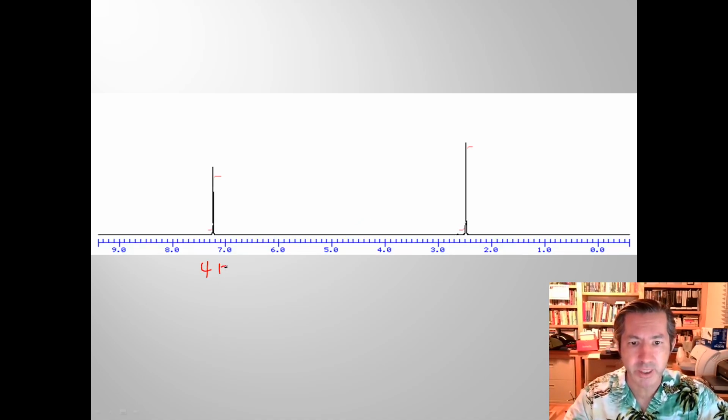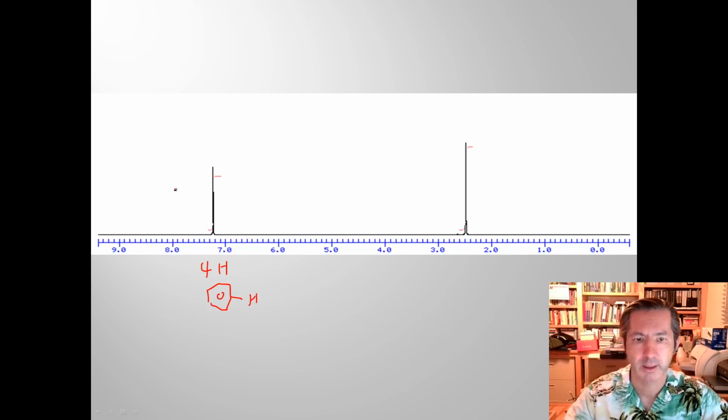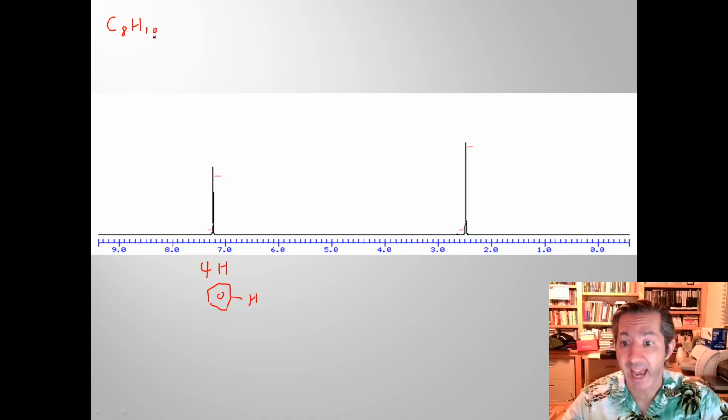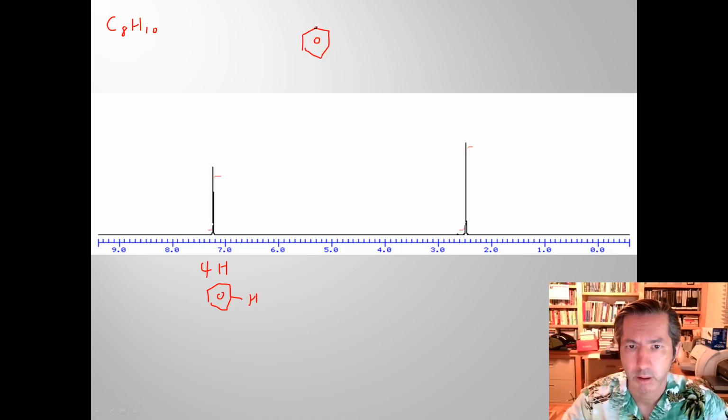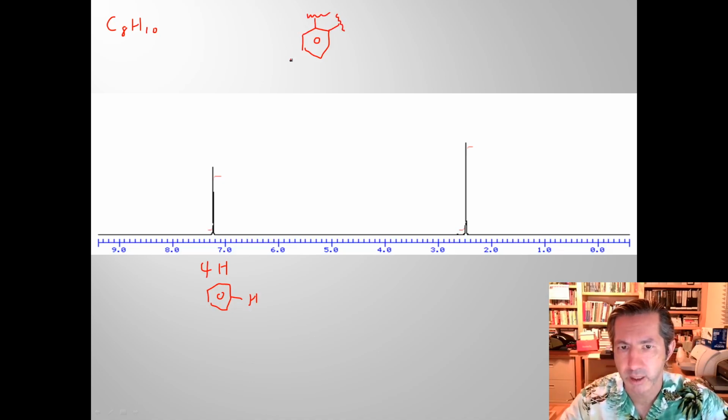So these 4 hydrogens have to be attached to a ring. So we're going to do a little counting here. We have a piece of our puzzle. And so if you have 4 hydrogens on your ring, that means you're going to have 2 substituents, because you have hydrogen, hydrogen, hydrogen, and hydrogen. Let me draw those in for you.